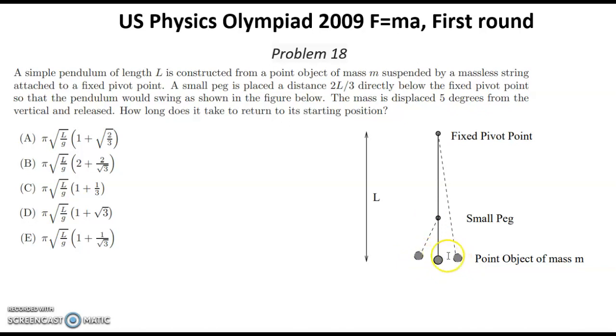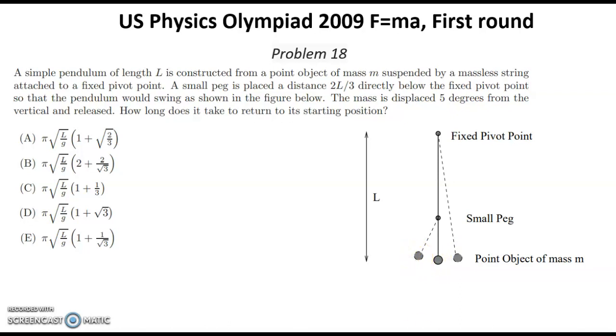And now we have another quarter of the small period. After that, this pendulum swings back for a quarter of a small period, and after that it gets back again for a quarter of a long period. In total we have 2 quarters of a long period and 2 quarters of a short period.